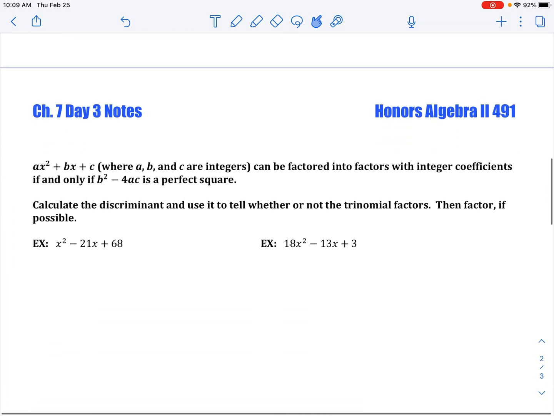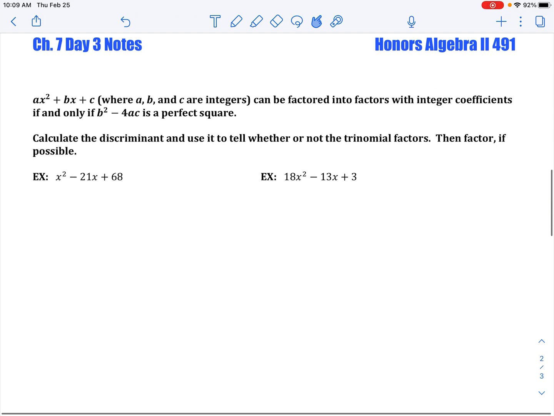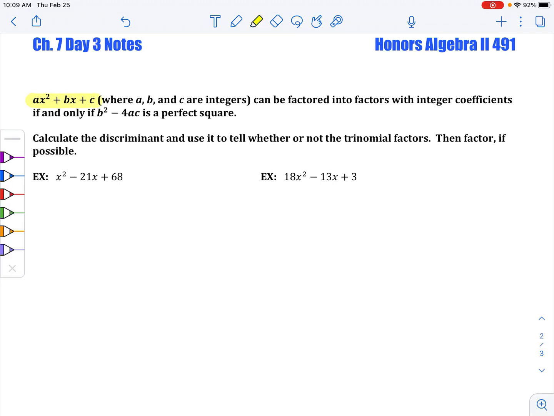Almost done, my friends. We're now going to look at a nice quadratic equation. So if you have a basic ax squared plus bx plus c, where a, b, and c are integers, they can be factored into factors with integer coefficients only if b squared minus 4ac is a perfect square. Hopefully you're thinking, okay, b squared minus 4ac, that sounds familiar.